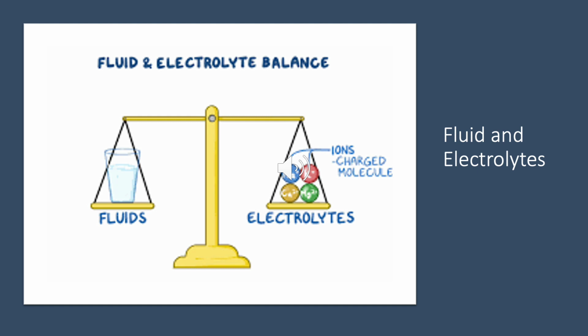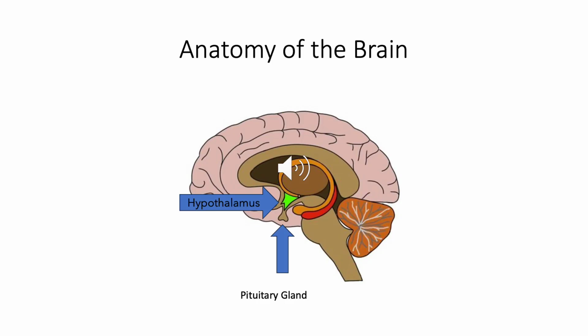Before we begin our classroom discussion, let's review the pathophysiology of the antidiuretic hormone. As you can see on this slide, I have a slice of the brain here. I went ahead and labeled two key parts. The hypothalamus is in green, and the pituitary gland is that tan, pea-sized part that hangs off the bottom there.